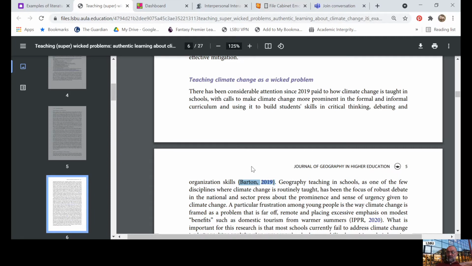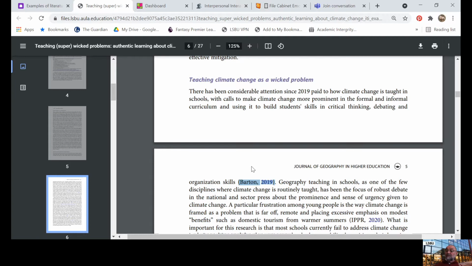So the authors of this journal article have gone to Barton. Barton has made it clear that how climate change is taught in school has had a lot of attention. So they simply summarized Barton's idea at the beginning of that paragraph.